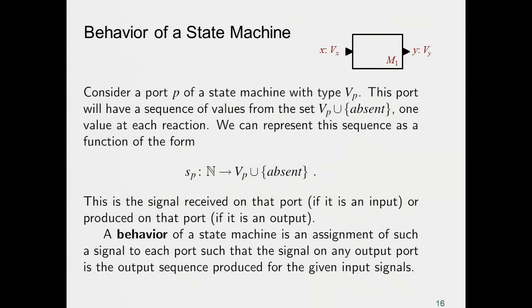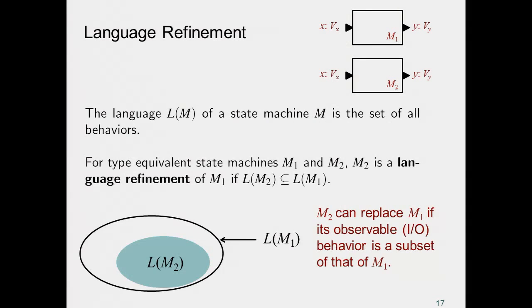So a behavior of a state machine is actually the set of all possible traces, right? So everything that the machine can do. That's the behavior of the machine. Now language refinement says that the language L(M) of a state machine M is the set of all behaviors. So everything that the machine can do, all the sequences of input and output that it can produce, that is what the language of a machine is.